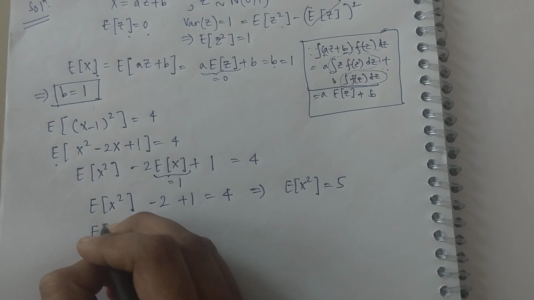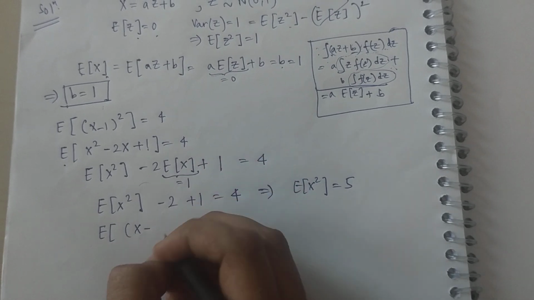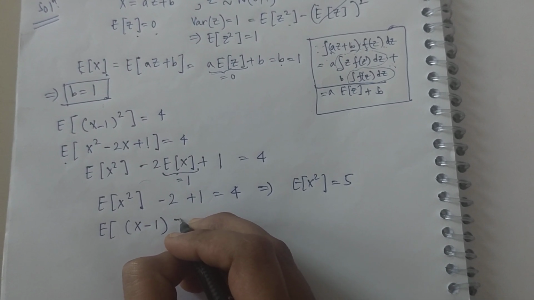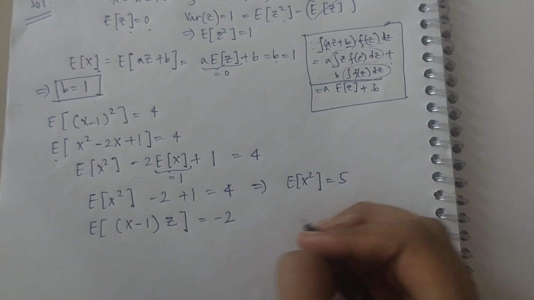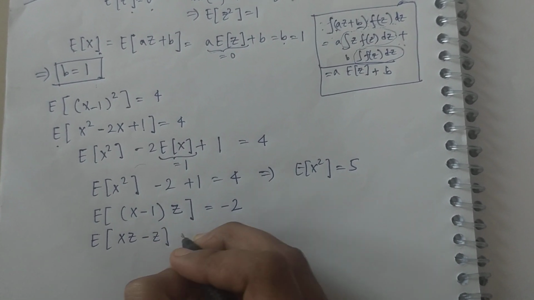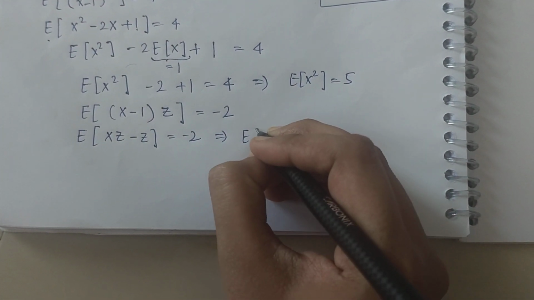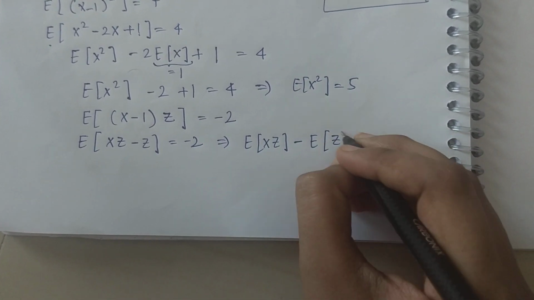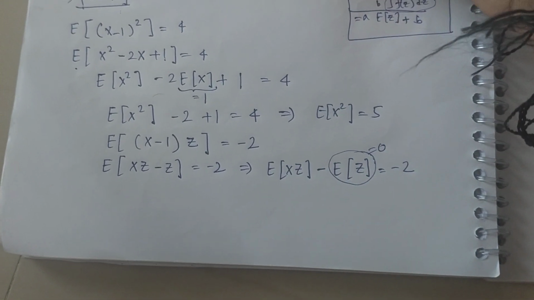The other equation is expectation of (x minus 1) times z. Here also I'm substituting this as 1, and for z I'm just keeping it as z as of now. We can further solve this, and due to the linearity of the expectation operator, we know that this term is 0 since z is a standard normal random variable.